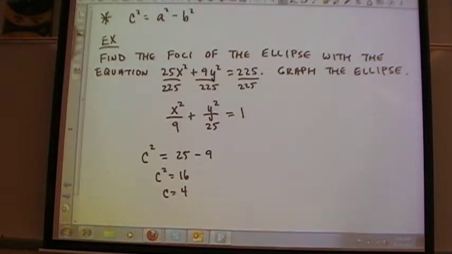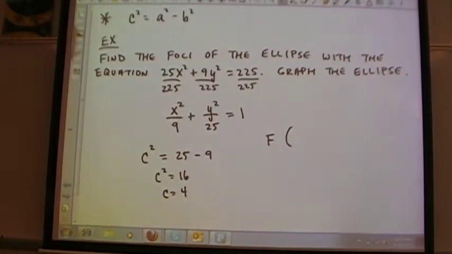Since I know that the major axis is, we've already said Y, so what are your foci? If the major axis is Y, where does the 4 go? On the major. Yeah, so what would the coordinates be? 0, plus or minus 4, because you have one above the center and one below.